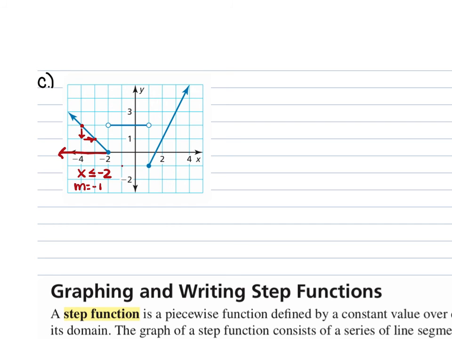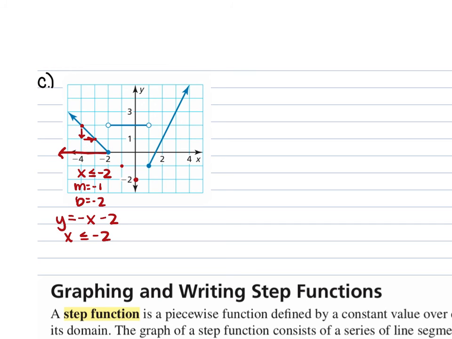So that would be here and here for ordered pairs. So your y value would be that -2. So this would be the equation y is equal to negative x minus 2 when x is less than or equal to -2.